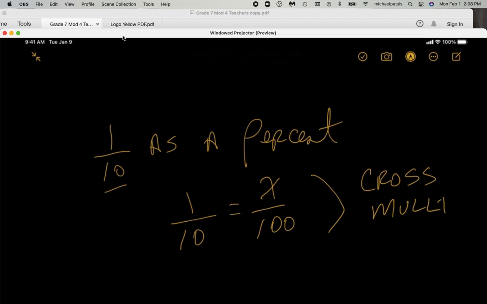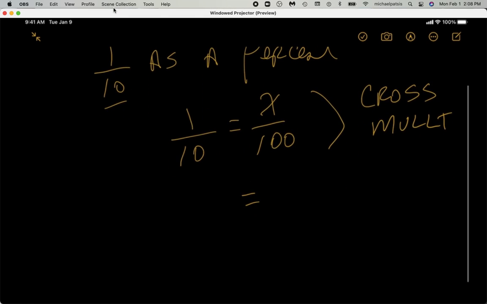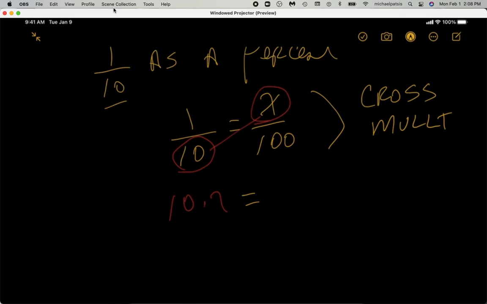First step when we cross multiply is we write the equal sign down. Next step is we cross multiply as the name suggests. We take this and we multiply by that. That's 10 times x. Then we take this and we multiply by that.